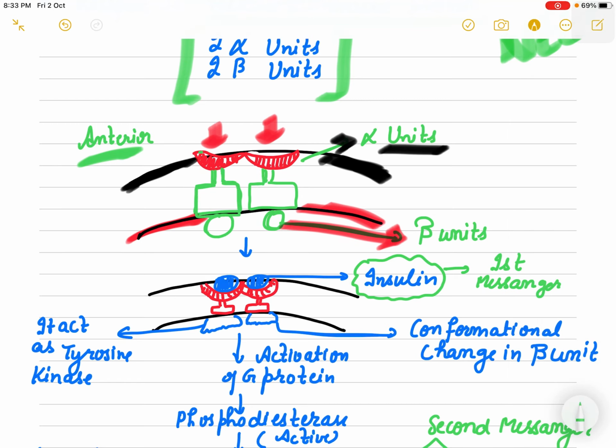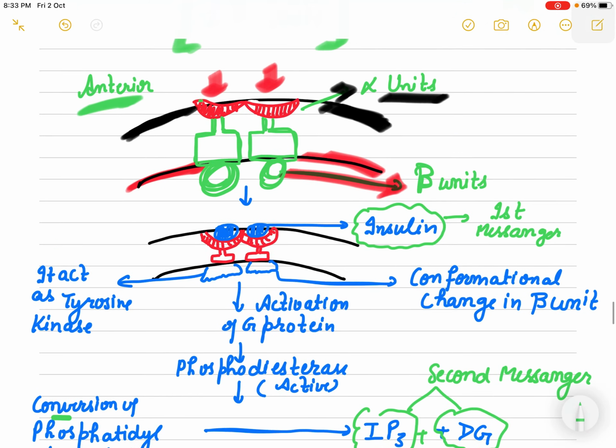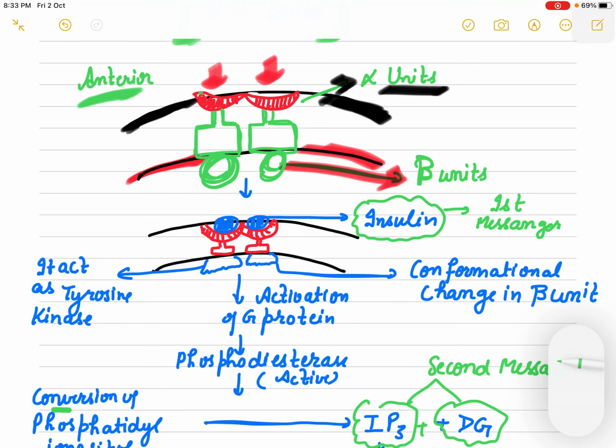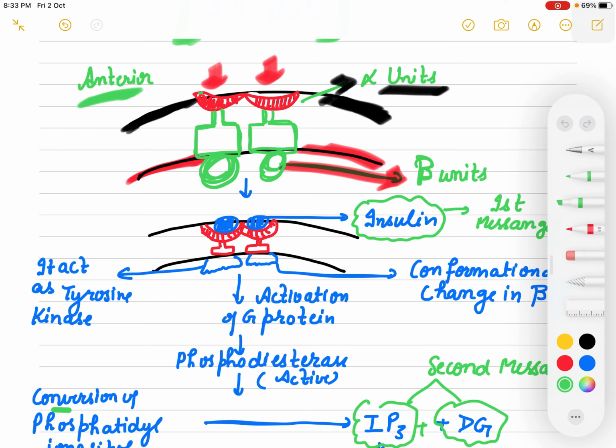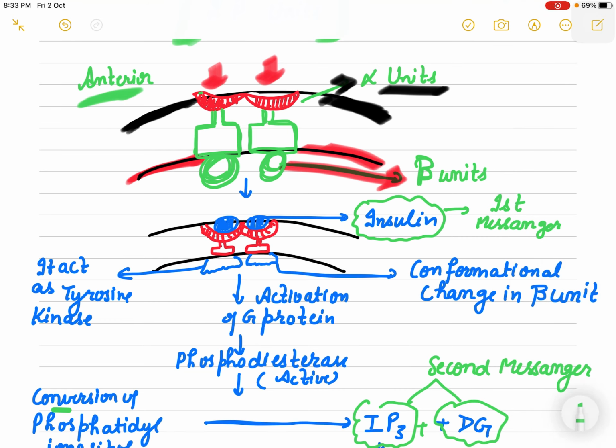With this green and red I have made it. So it has 2 alpha and 2 beta units, but the receptors are present on the inner surface only.